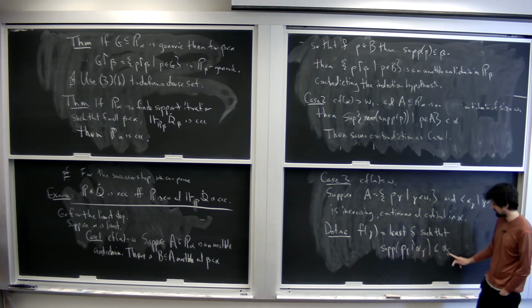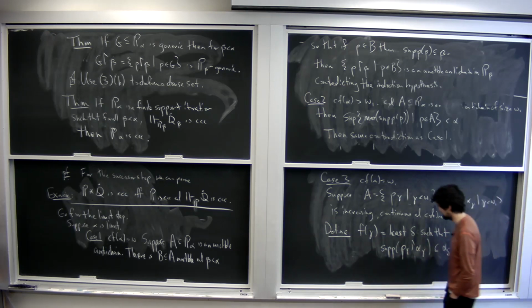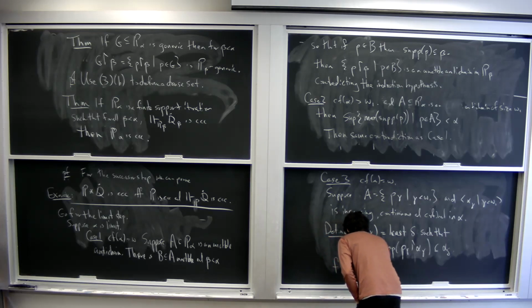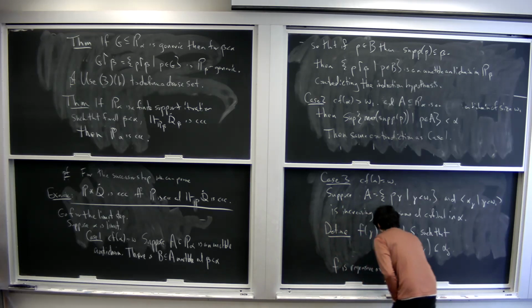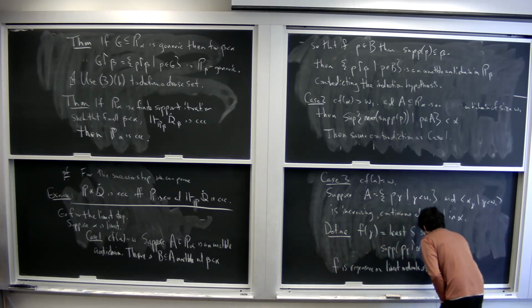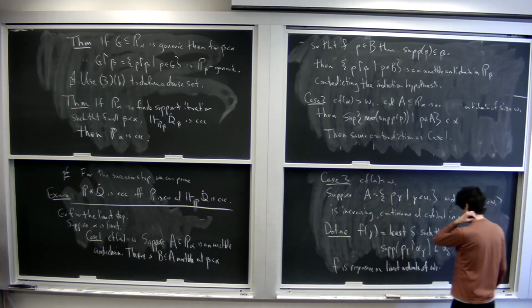So it has to be covered by some alpha delta where delta is less. Right? So this is a regressive function on limit ordinals, hence constant on a stationary set.